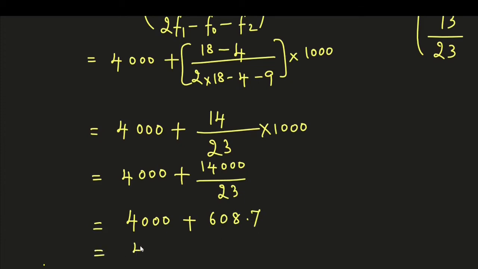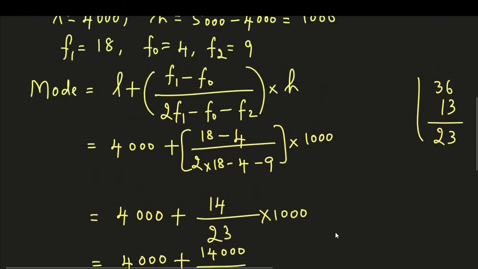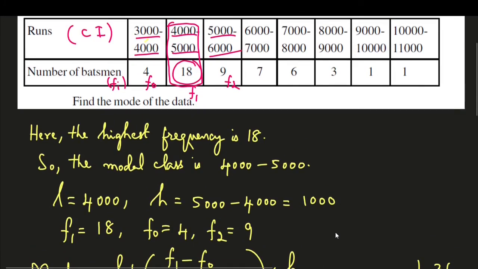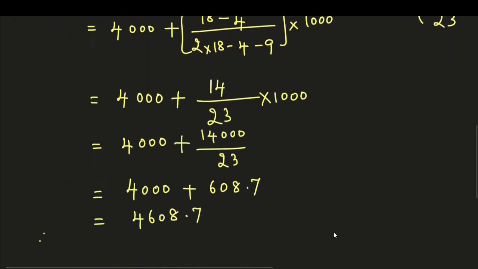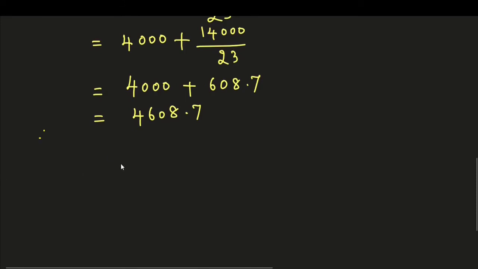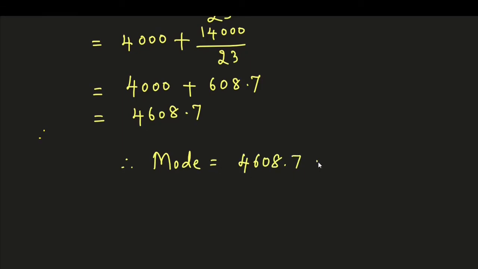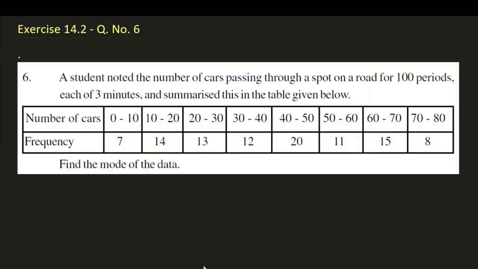So we get 4,608.7. Therefore, mode is equal to 4,608.7 runs.